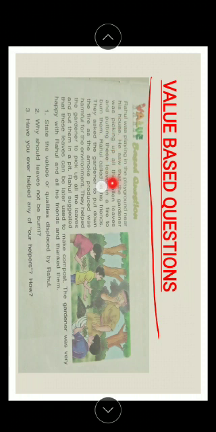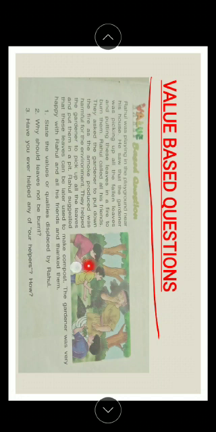Rahul was playing in the playground near his house. So this boy is Rahul. He was playing in the playground and this playground was just near his house. While playing, he saw that the gardener was picking up all the fallen leaves and putting these leaves in a fire to burn them.